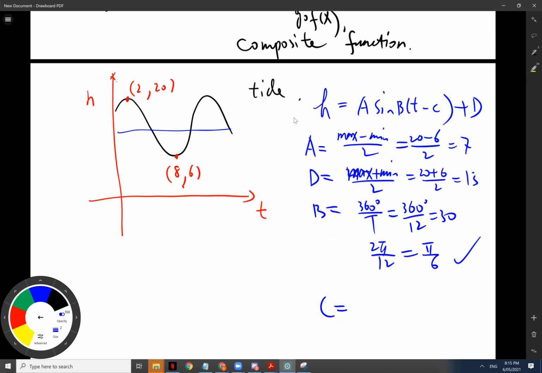How do we calculate the C? This is C. Oh, this is C. Just this is C. Next one.